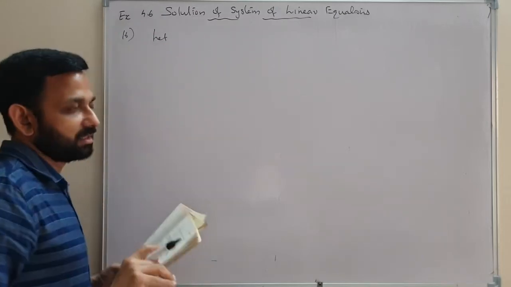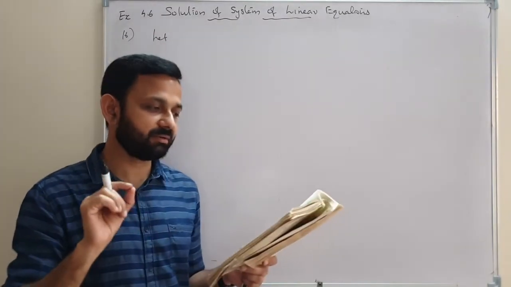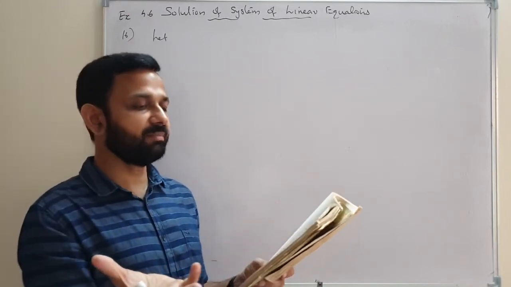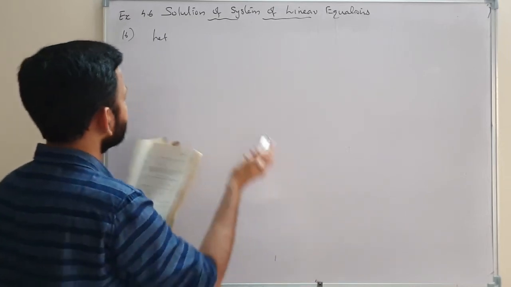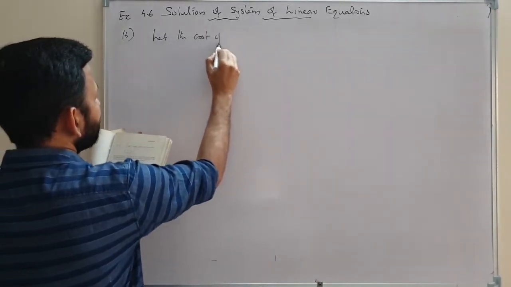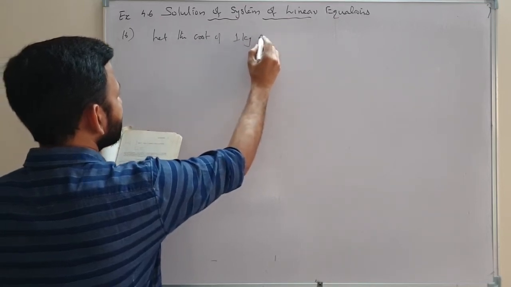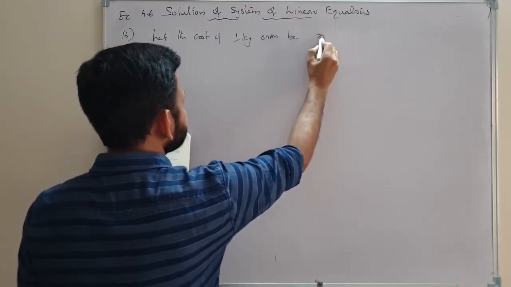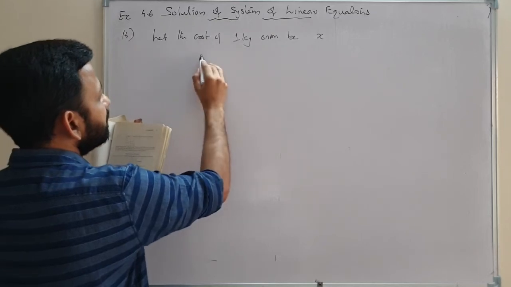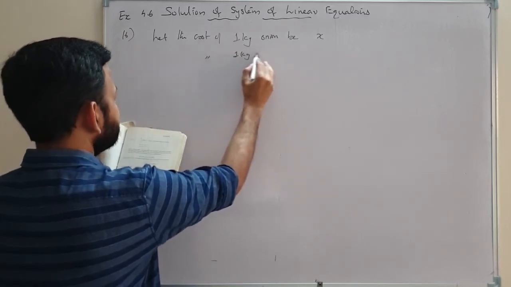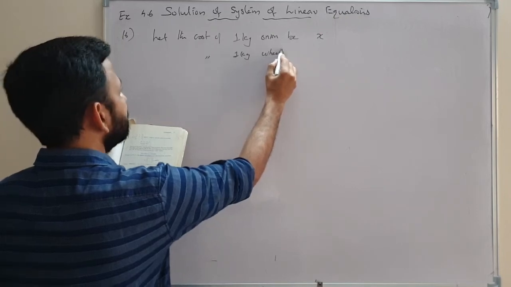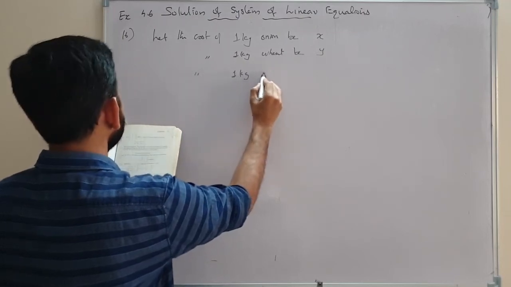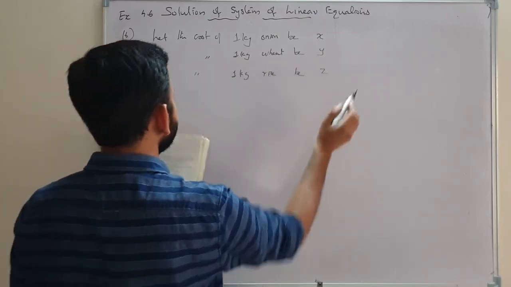So we can write the cost of 1 kilogram onion, cost of 1 kilogram wheat and cost of 1 kilogram rice as x, y, z. Let the cost of 1 kg onion be rupees x, the cost of 1 kg wheat be rupees y, and the cost of 1 kg rice be rupees z.